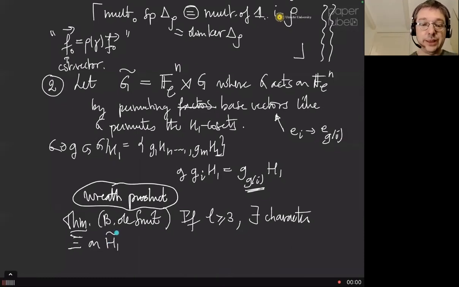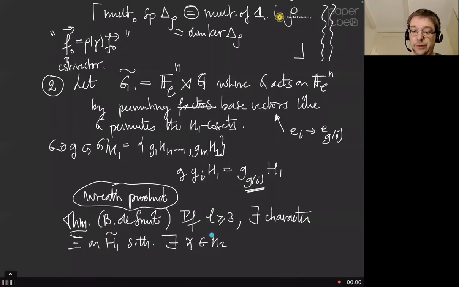Look, here's G tilde. G tilde is like this with G. H1 tilde is like this with H1 tilde, the subgroup where you put an H1 tilde here, etc. So there's a character here such that there exists a character on the other group, so on the H2 tilde, such that the induced character from H1 tilde to G tilde of this big thing equals, or is isomorphic to, the induced character from H2 tilde to G tilde of this arbitrary character.